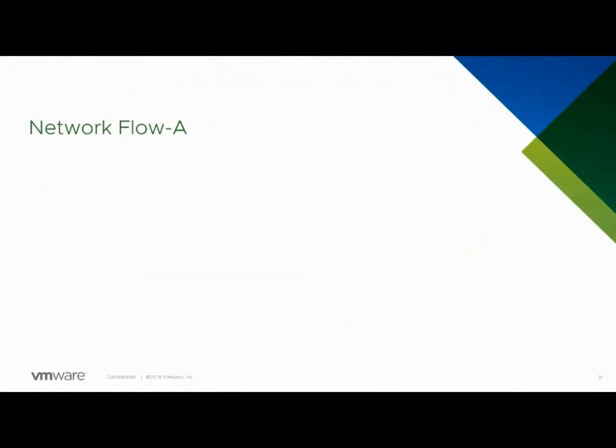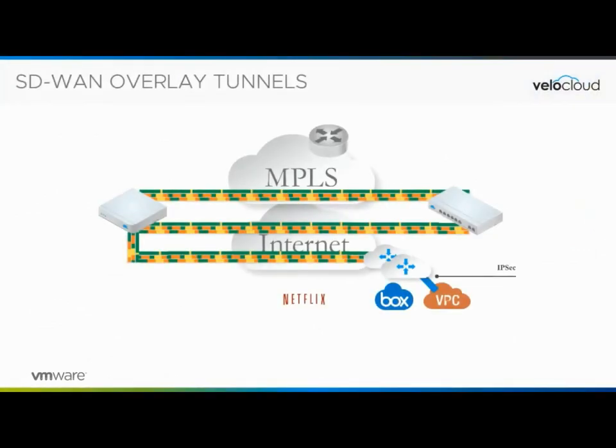Now let's talk about network flows for different destinations. So I have an edge device and a hub device, and then we have two internet connections and one private circuit. So we are going to build up three overlays. Two overlay tunnels will be built onto those gateways. So I'm building up two overlay tunnels on that single internet connection, one to gateway 1, the other to gateway 2.